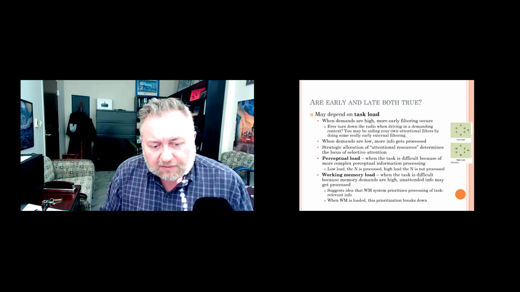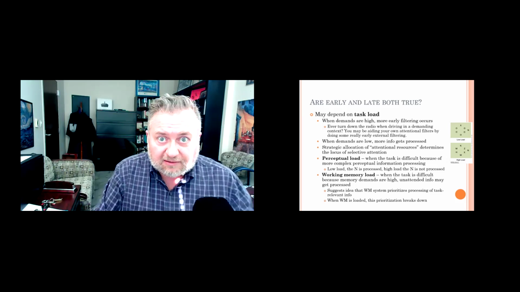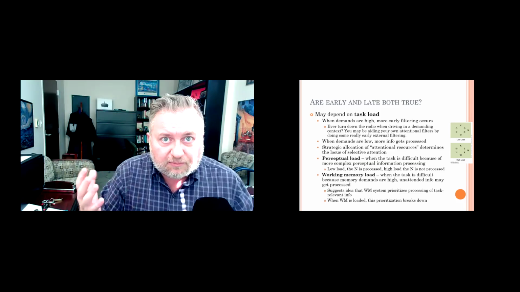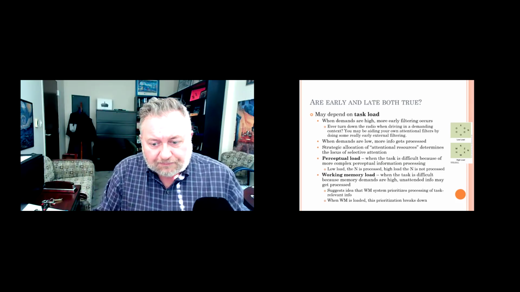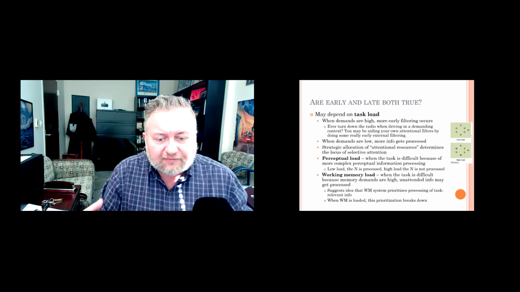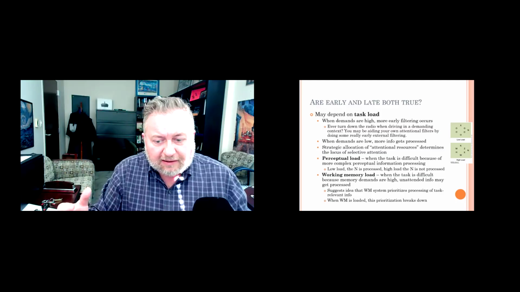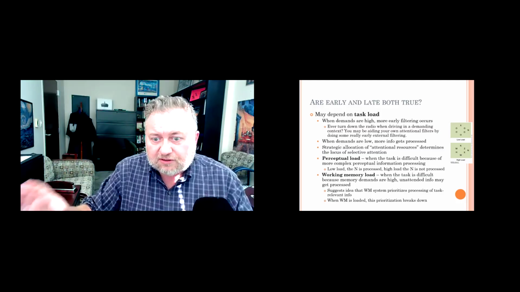And what's happening here is that when the task already has a high working memory demand, that is, whatever task relevant information we need to gather here is going to use up most of our working memory, that would suggest that we're letting in a lot of information and maybe we're processing all of it. And we want to try to prioritize which things are relevant and which things are not relevant.